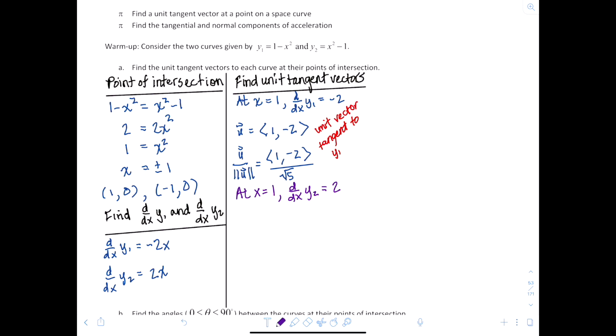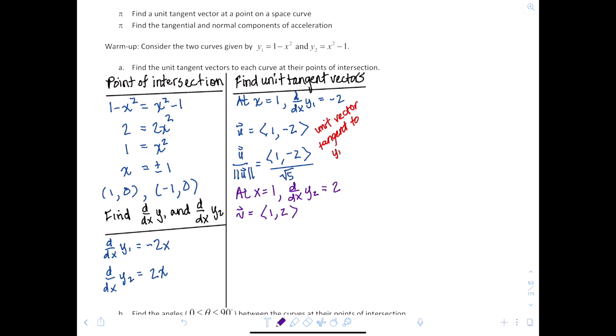So you can call this one, I don't know, vector v, I guess. And so vector v has a slope of 2, so we can call that one 1, 2.